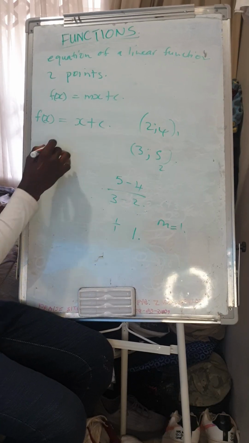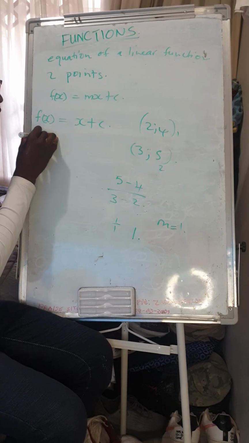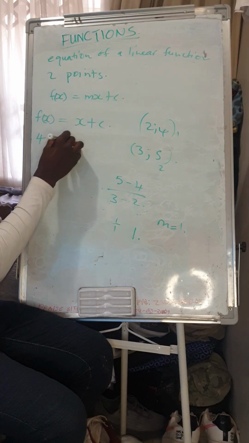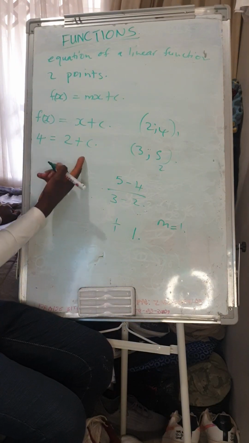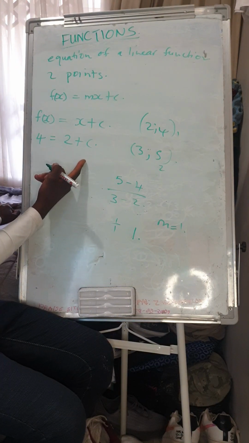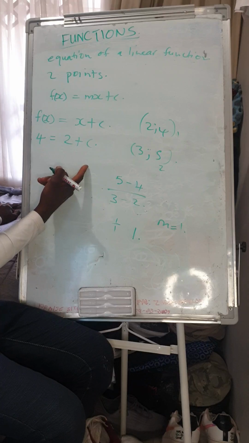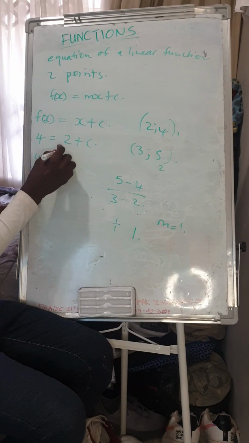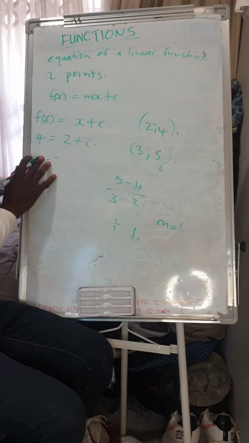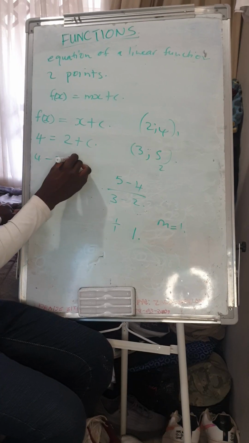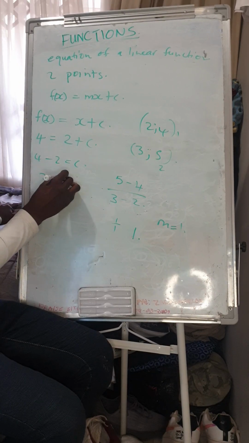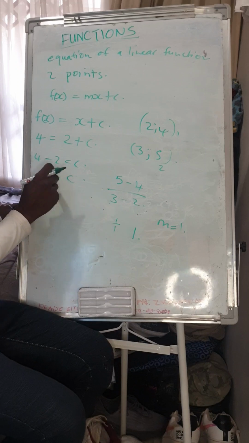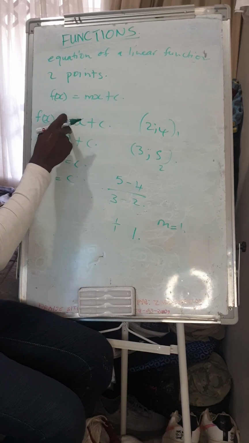Take any of these 2 points, plug it in, get the answer. We can take that and consider that 4 equals 2 plus c. Solve for c. So 4 minus 2 equals c. So 2 equals c. Plug it back there.